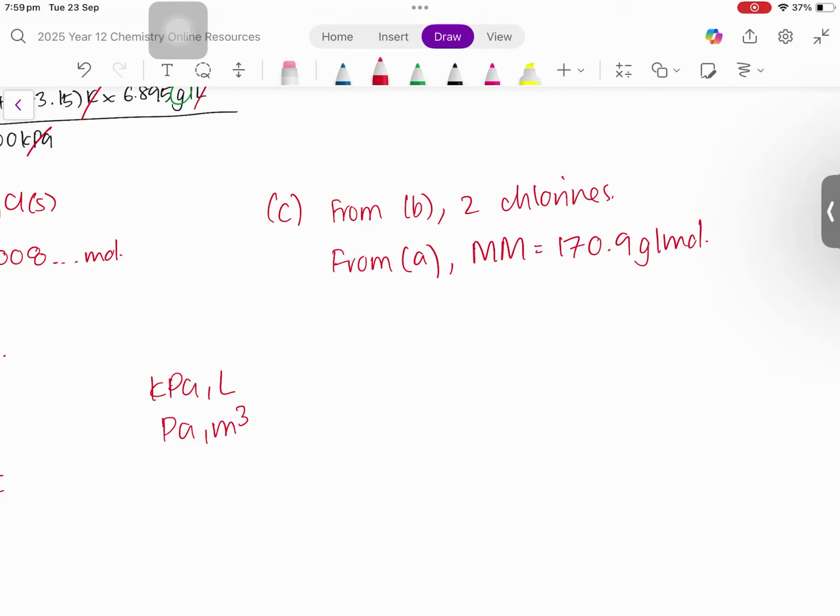From part B, we already know that there's 2 chlorines. From part A, 170.9. Whatever the elements are, the combination of them has to add up to 170.9. Because you know the formula and then you multiply it all up to get the 170.9. That's how you normally do molar mass.